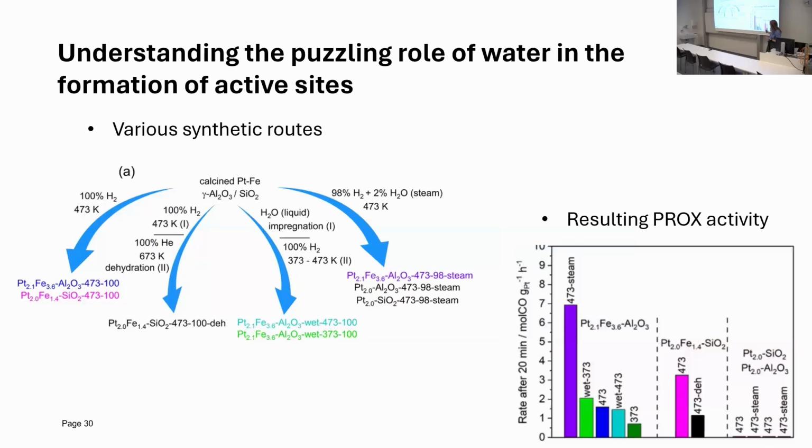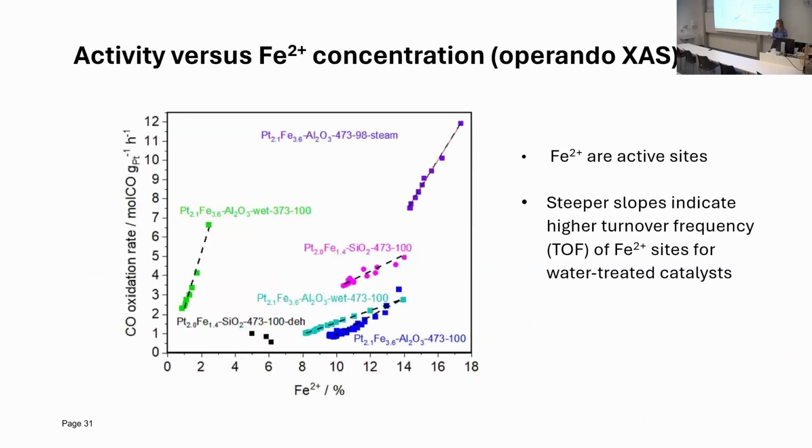So you can see, for the same catalyst, depending on the activation procedure, you can increase the activity a lot. And we looked again at how iron 2+ was correlating with the activity. We could see that for different catalysts we got different slopes of this correlation. All catalysts showed correlation, but with different slopes.